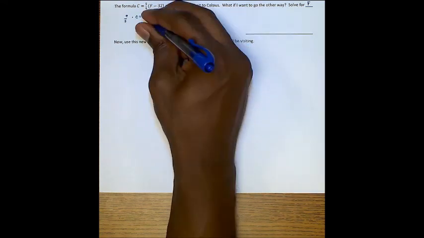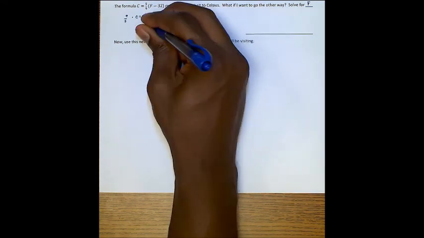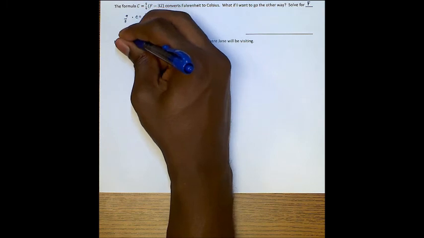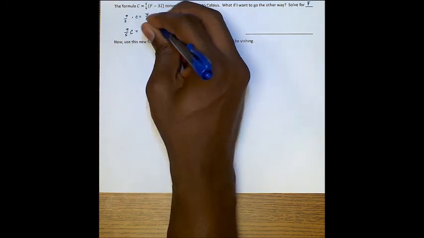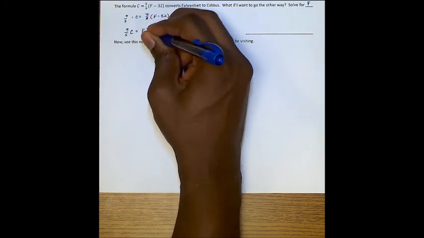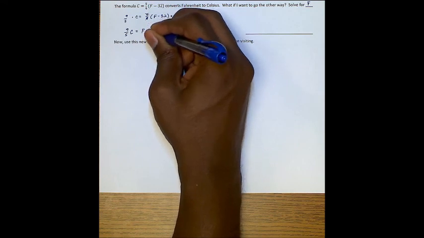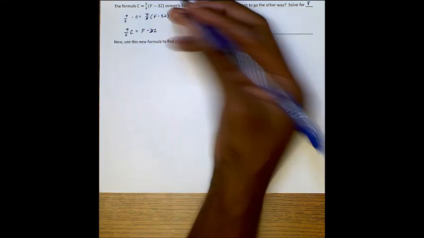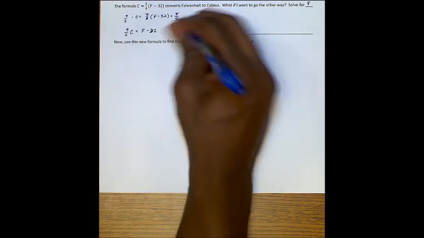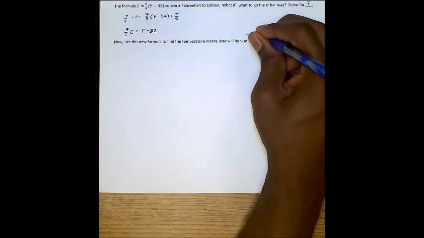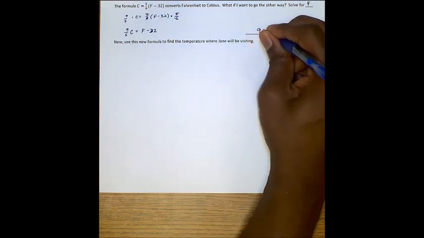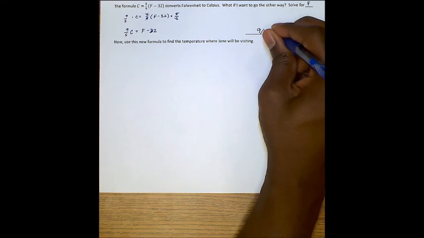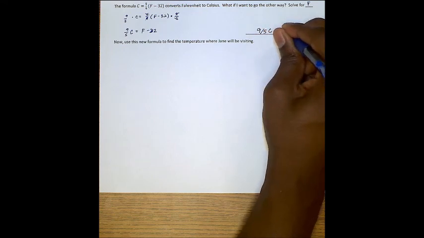So on the right side, it cancels out. I'm left with 9/5 C equals F minus 32. And to get F all the way by itself, I need to add 32 to both sides. So I have 9/5 C plus 32. And that's what F equals.